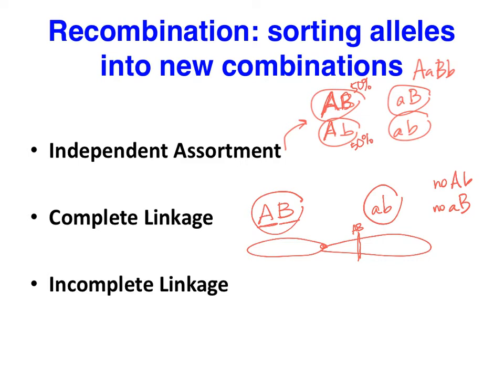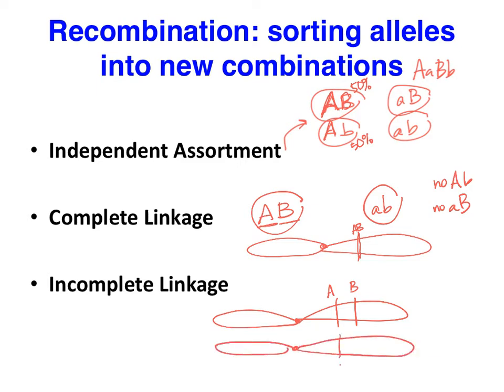during recombination. A more likely scenario would be that big A and big B are neighbors on the chromosome, so that when recombination occurs, I'll draw a second chromosome here that has the other two alleles, little a and little b. Some proportion of the time, we can have crossing over.